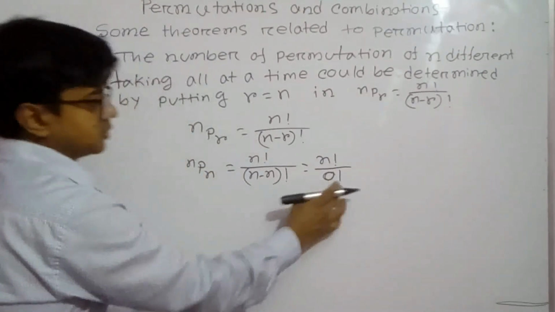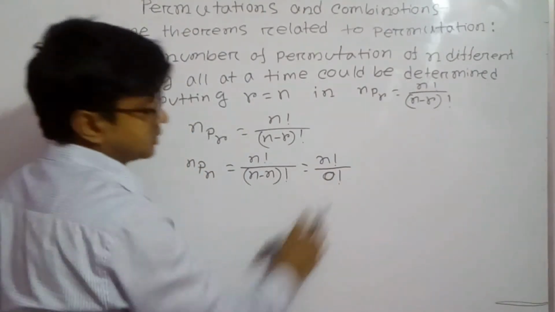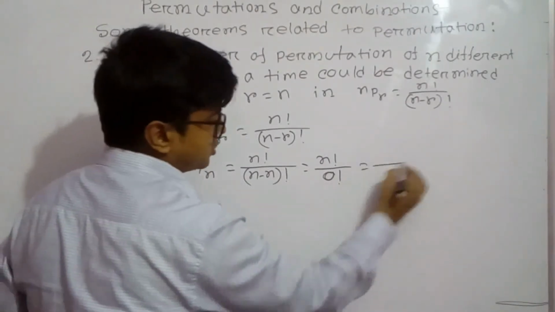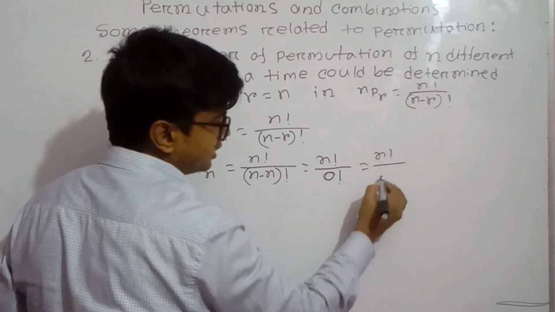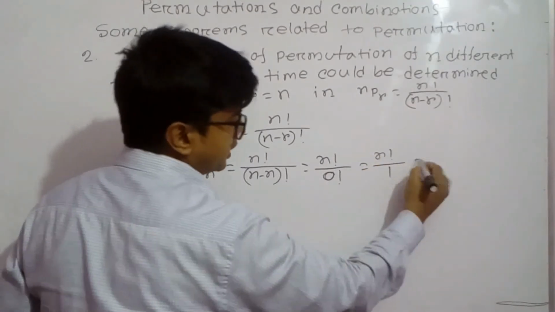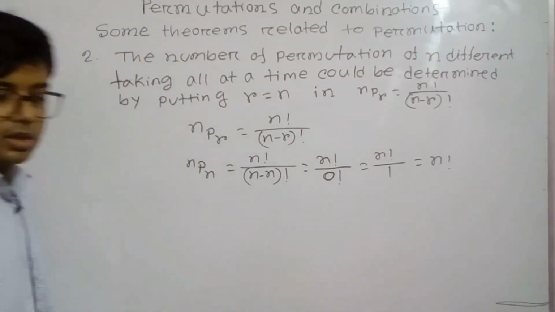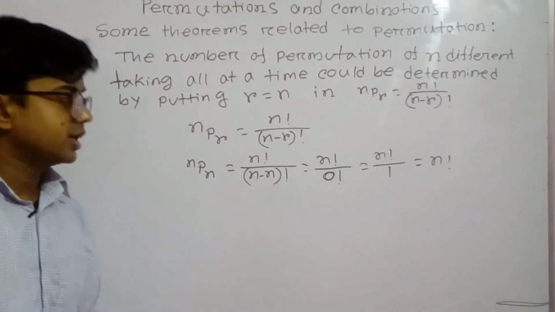We know that factorial 0 is 1, which is a special convention. Here we can write factorial n divided by 1. So our answer will be factorial n.